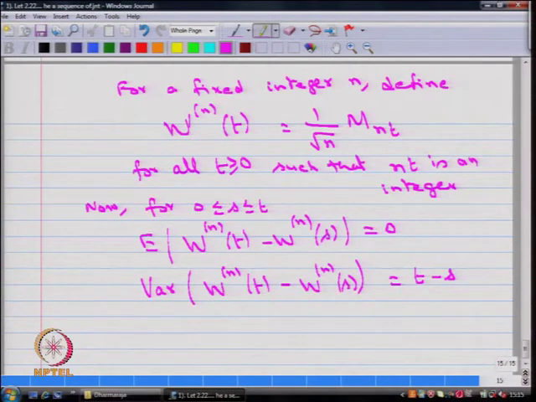It needs a calculation of expectation of X_i squared, then using expectation of X_i squared and the expectation of X_i's, you can find the variance of X_i's. Using variance of X_i's, you can find the variance of W_n of t, then the variance of W_n of t minus W_n of s.